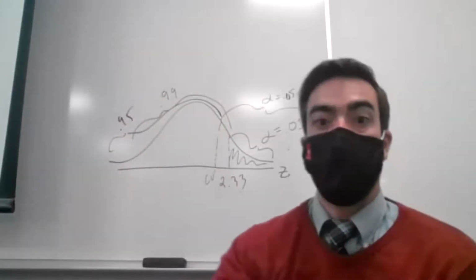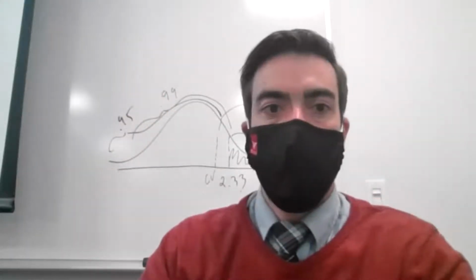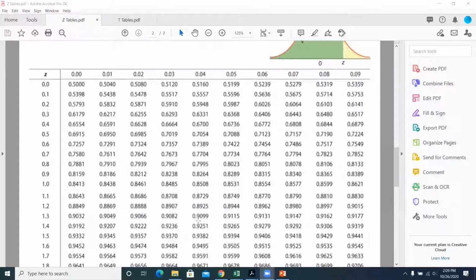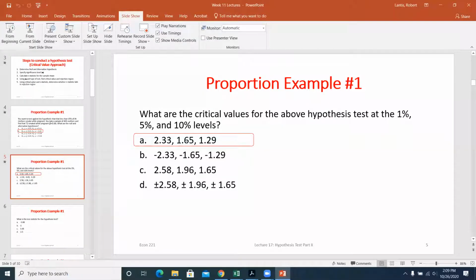So that's what I'm actually going to look up when I go to the table. So I look up 0.95. Looks like I'm in between these two values, 1.64 and 1.65. So 1.65. Notice that's how I find that second critical value. I can then do the exact same thing for an alpha of 0.1. I'll find that the z value that gives me 0.1 in the upper right tail is 1.29. Okay? So those are my three critical values.